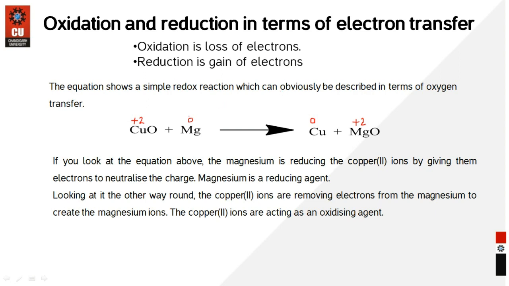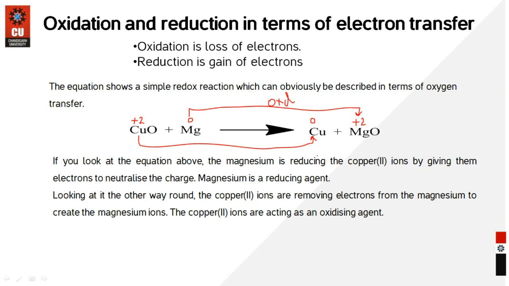That means 0 is converting into +2, that means oxidation. So in terms of electrons, magnesium is oxidized, but copper is reduced. So copper 2 ions are basically gaining electrons from magnesium, right. Therefore copper 2 ions are acting as oxidizing agent, right.